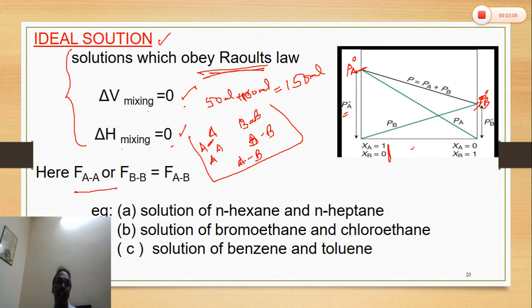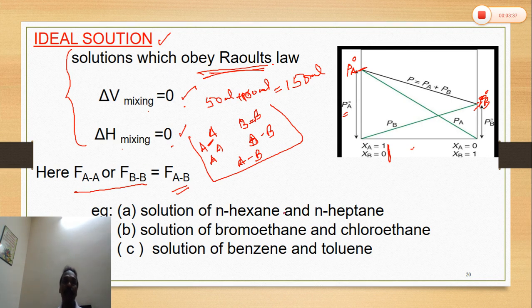If the AA force or BB force is almost equal to the AB force of attraction, that is, solute interaction and solvent interaction are almost equal to solute-solvent interaction, then it is an ideal solution. So for an ideal solution, it obeys Raoult's law, delta V mixing is equal to 0, delta H mixing is equal to 0, and AB force will be almost equal to AA and BB force of attraction.